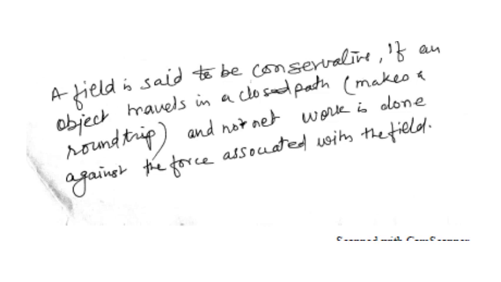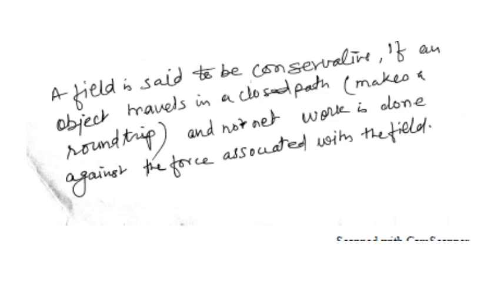A field is said to be conservative if an object travels in a closed path, makes a round trip, and no work is done against the force associated with the field.